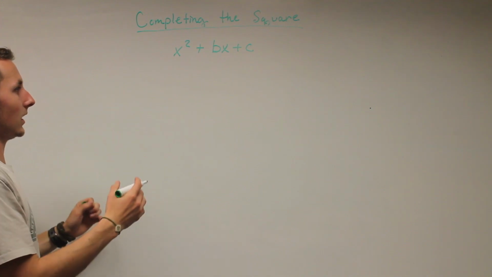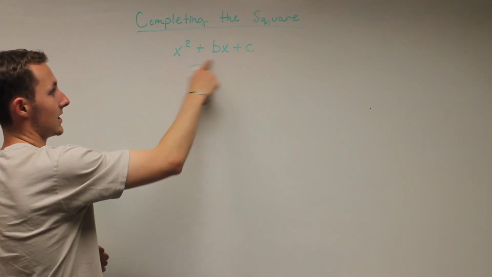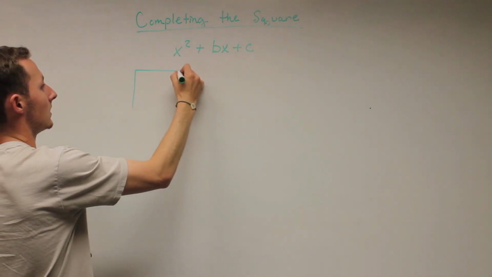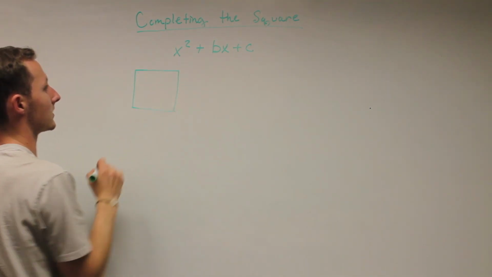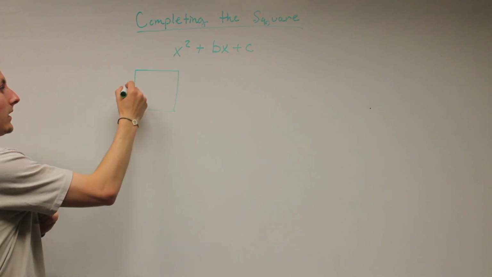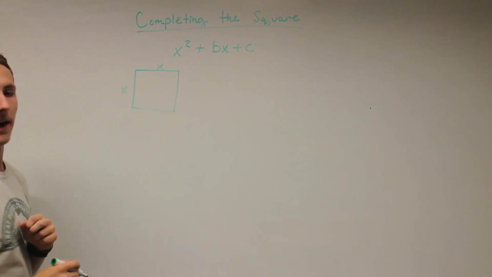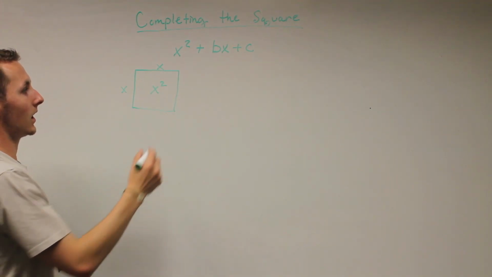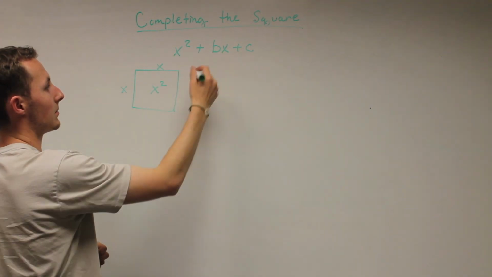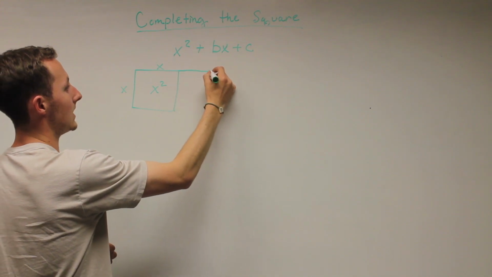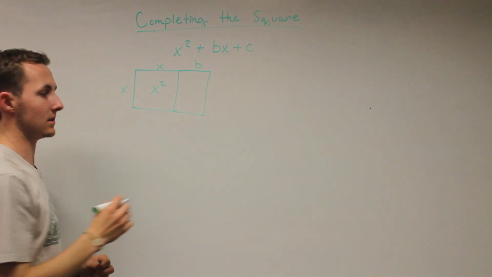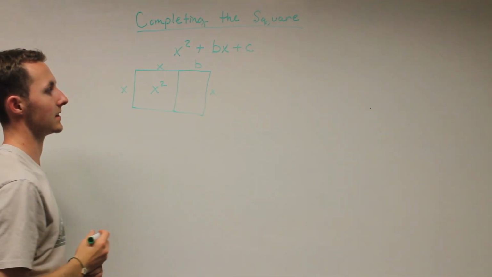So to start off, our step 1 is going to be to represent this expression in terms of area. What we've got to start off is literally a square of side length x, which is going to have area x squared, right? And then our second piece is going to be to represent this b by x rectangle, where the width is b and the height is x.